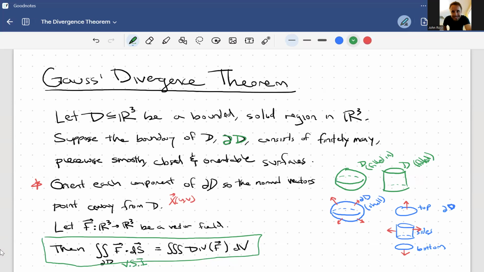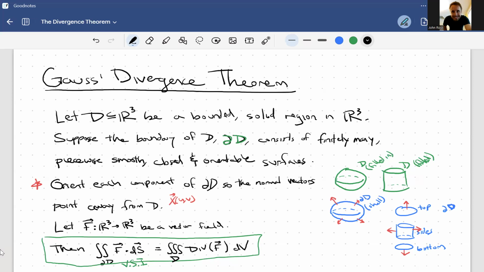And that will equal a triple integral over the entirety of D. I should actually make sure to include that in my formula. So this is the triple integral over the region D itself, so all three dimensions of it.